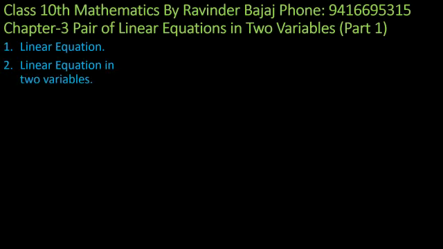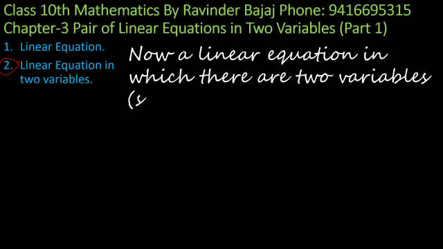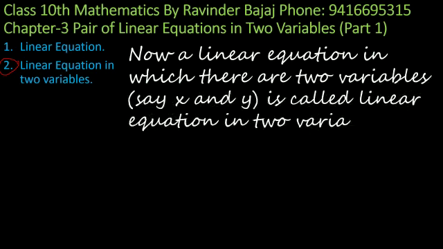Let's talk about linear equations in two variables. This is the second point, linear equation in two variables. A linear equation in which there are two variables, say x and y, is called a linear equation in two variables. This x and y can be u and v also. It is not compulsory to use only x and y. You can take any two variables.